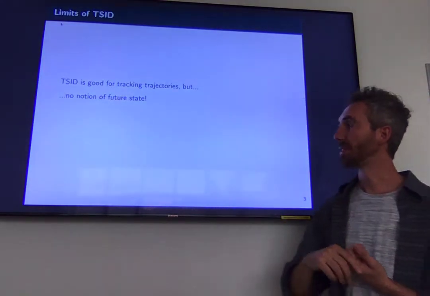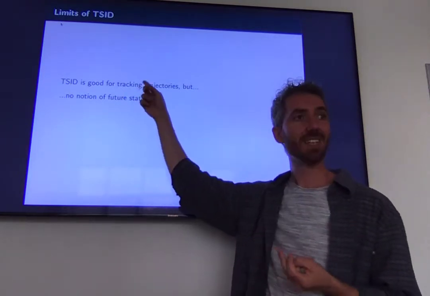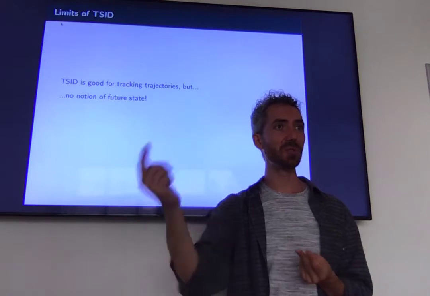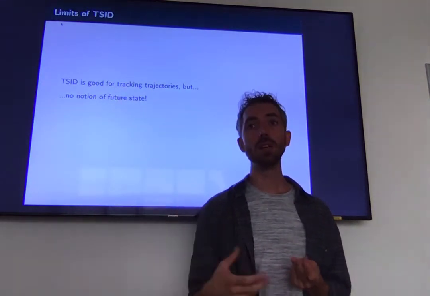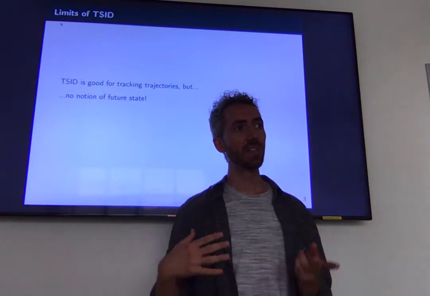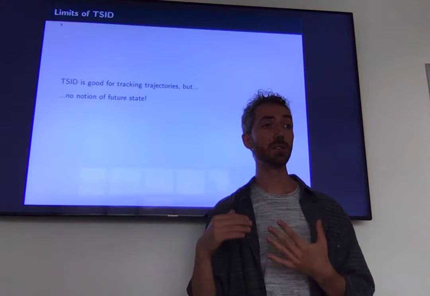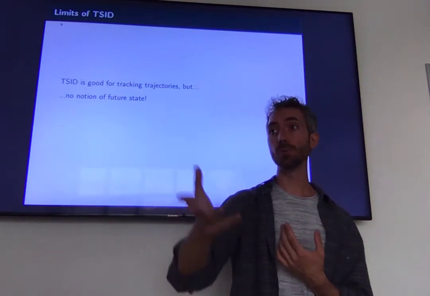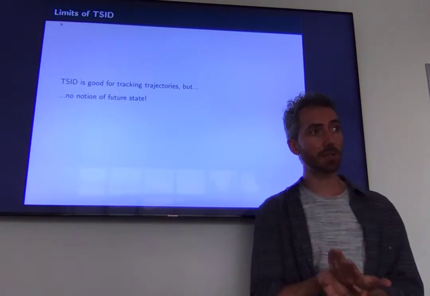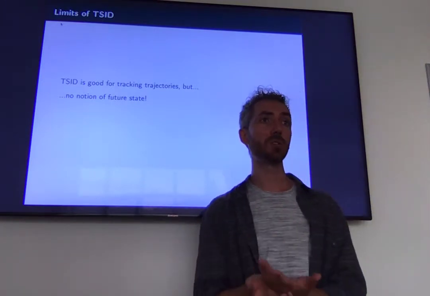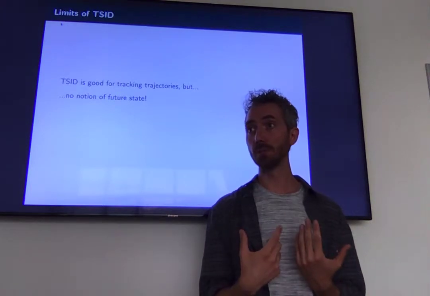But the problem of it, well, apart from it doesn't give you the reference trajectory, you need to get it somewhere else. But even assuming you have the reference trajectory, the problem of reactive control, as we saw it here, is that it has no notion of the future state of the robot. So everything you can express must be a function of the current state and the current control of the system.